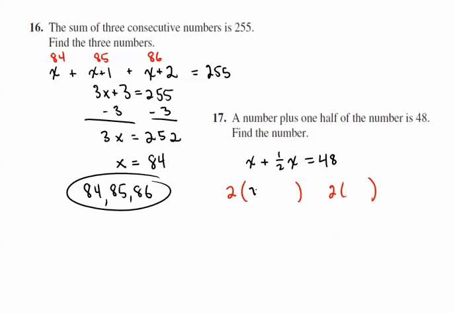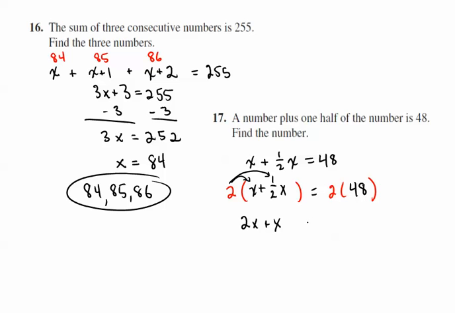So x plus 1/2 x. That'll make it easier to work with the fractions. There are other ways of doing this as well. So we're going to get 2 times x is 2x. Then 2 times 1/2 x is just 1x.